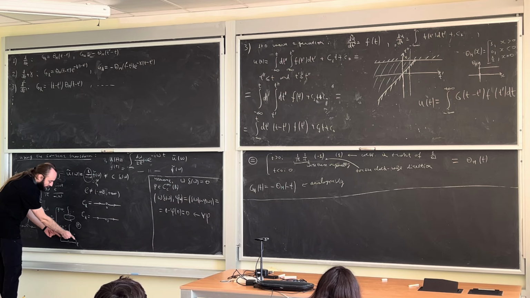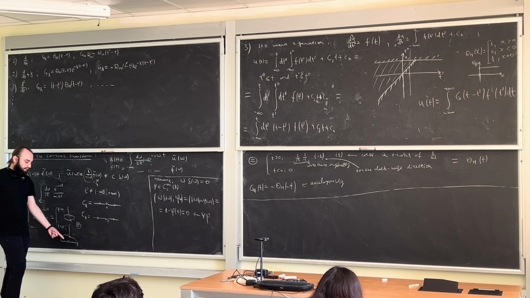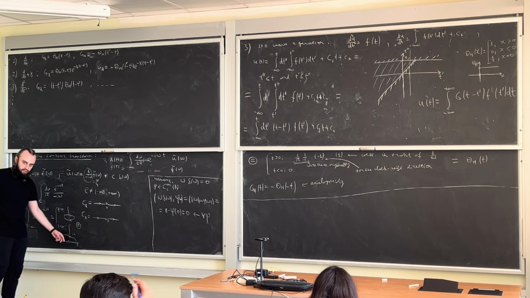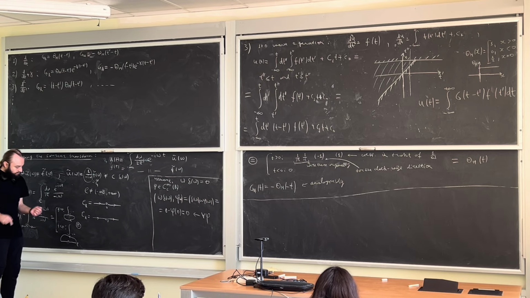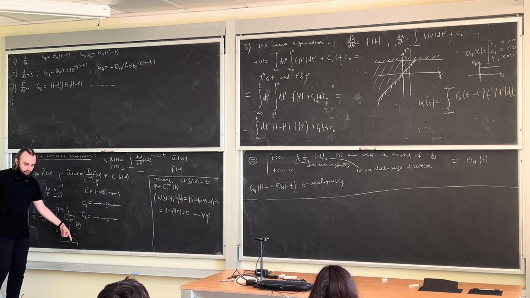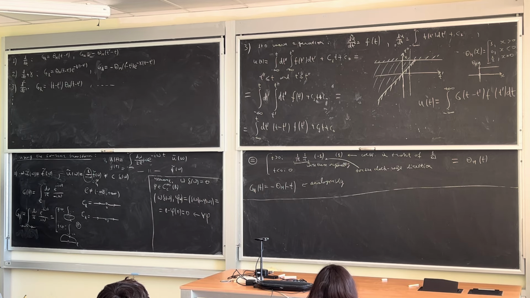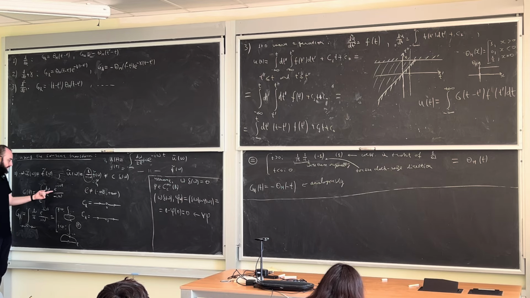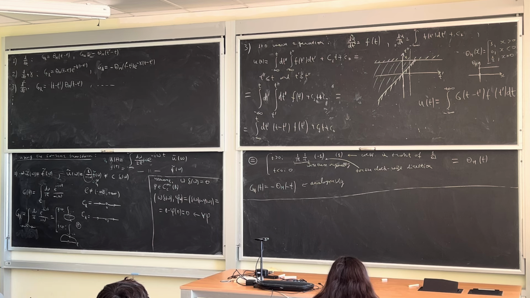So this integral goes to 0 exponentially, and the only thing that needs to be estimated are these short pieces around infinity, but in that case, the integral goes to 0.